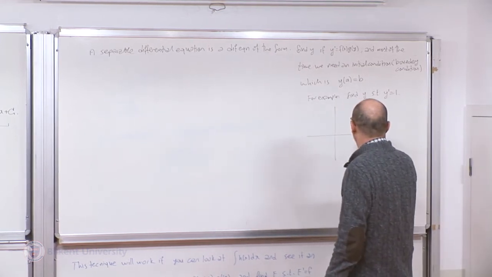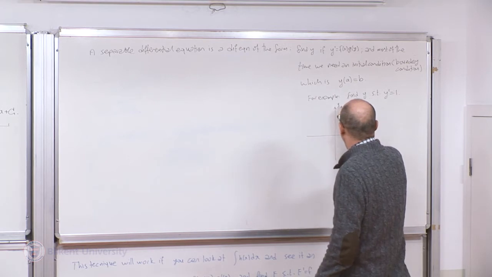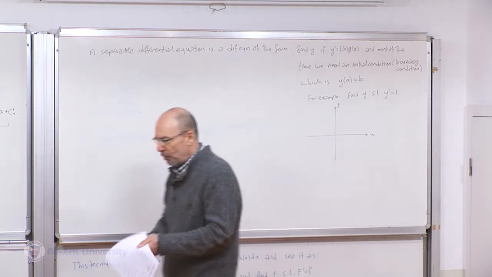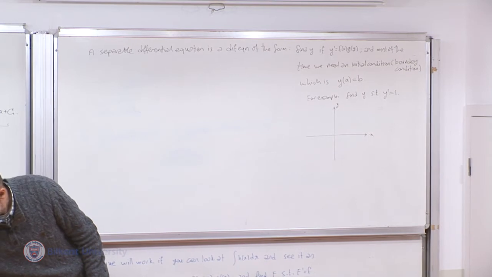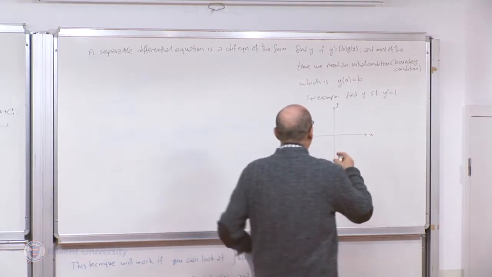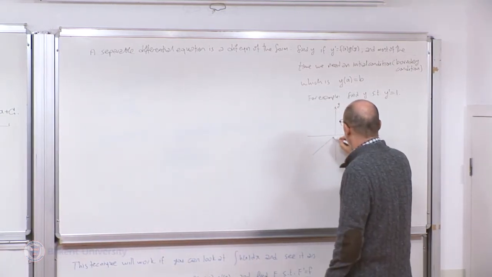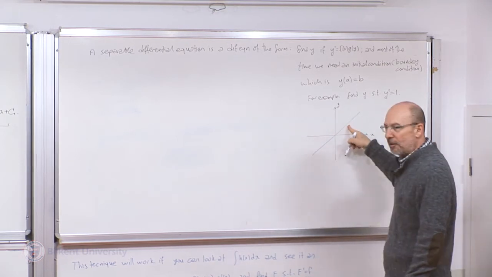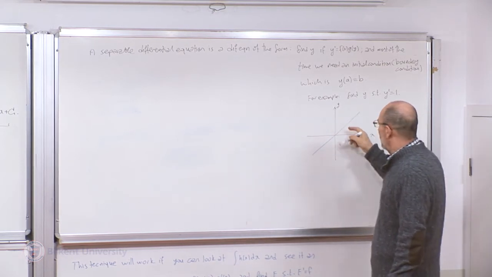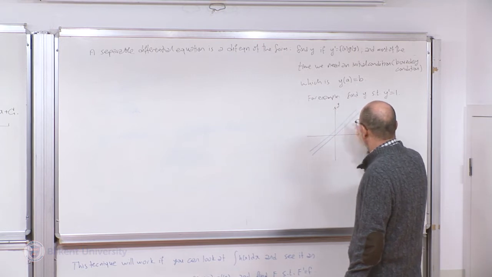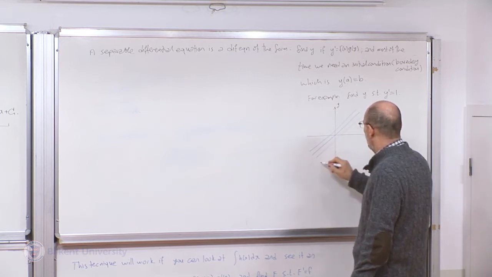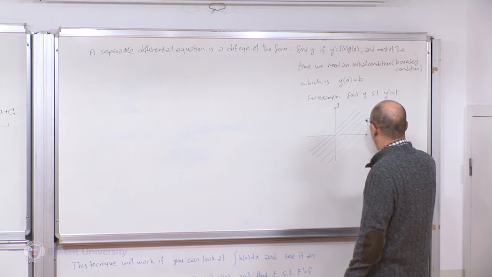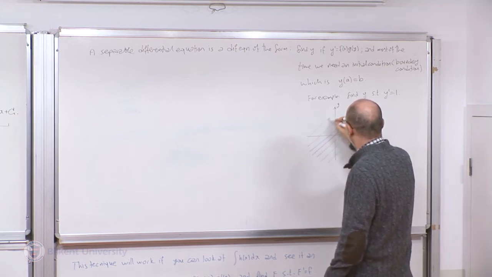If I take x, y, then let's use this one. Everybody thinks about this straight line. The derivative of this is 1, but the derivative of this is also 1. The derivative of this is also 1. So all of these are solutions.